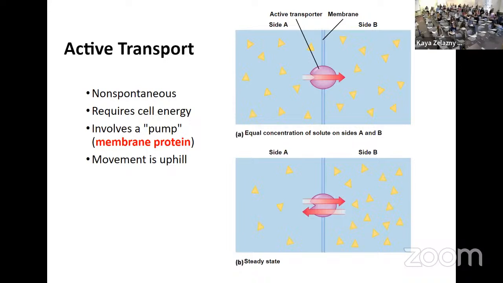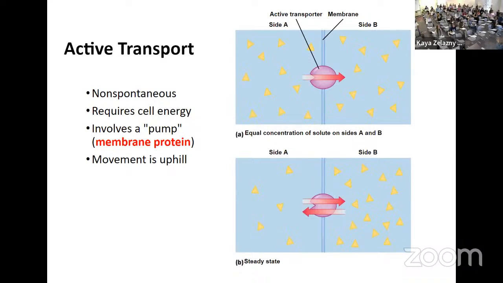Whenever you see a protein in a membrane referred to as a pump, that is an indicator that you are looking at active transport, that you are pushing or pulling that substance across the membrane. Pumps are really kind of like our carrier proteins, but we're using energy. We think about active transport as having movement uphill.